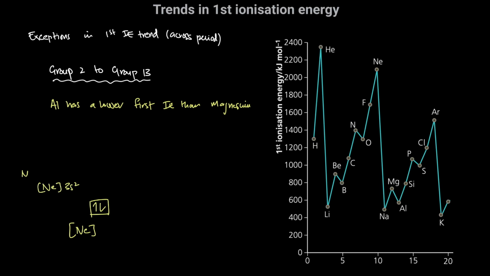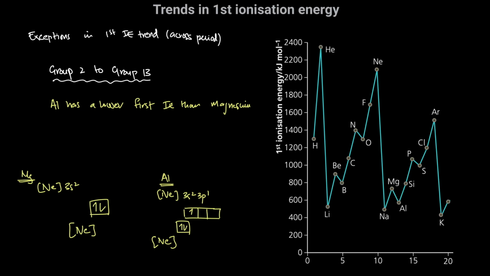And if we look at the configuration of aluminum, it is neon, then 3s2, and then 3p1, which is obviously at a higher energy subshell.